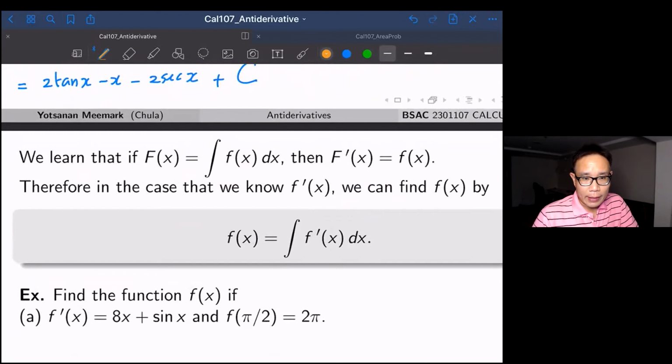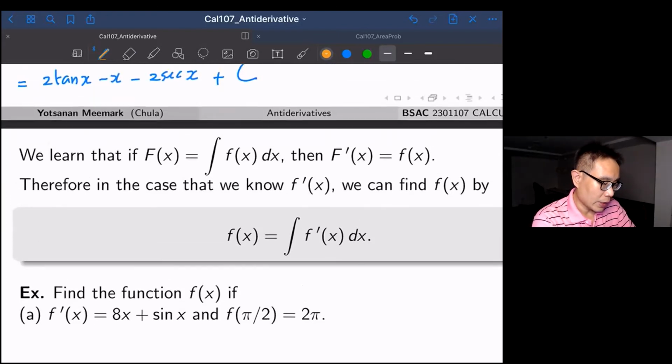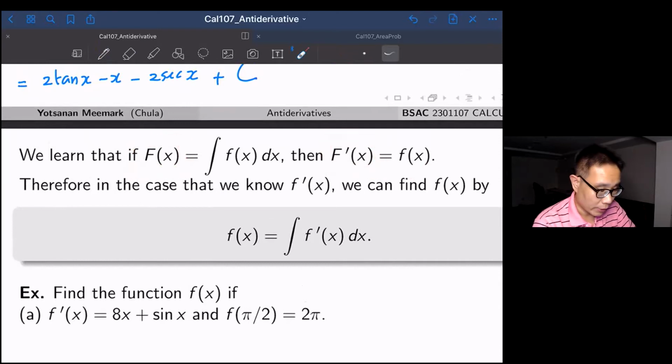We learned that if f(x) equal to integrate f'(x) dx, we'll be able to have f prime x equal to f(x). So it's going to be like we learned this thing before, that you have this guy in the box, okay, and you differentiate the box, you get the small f, okay.